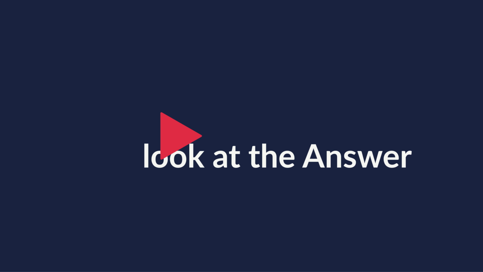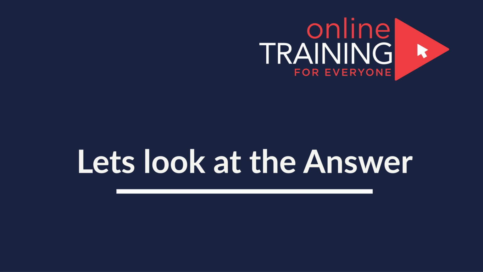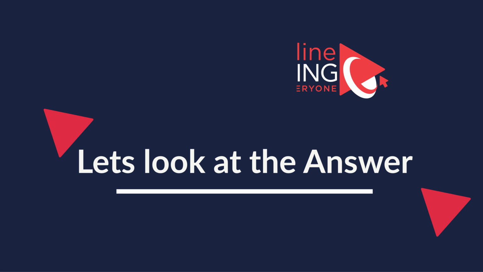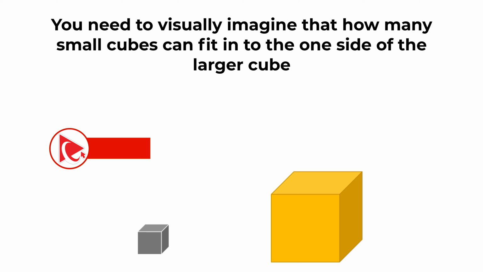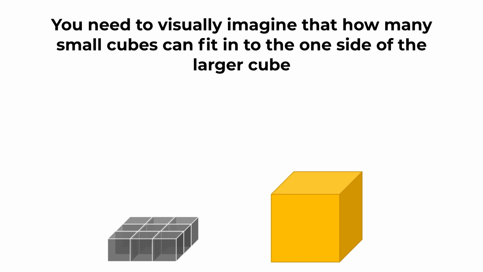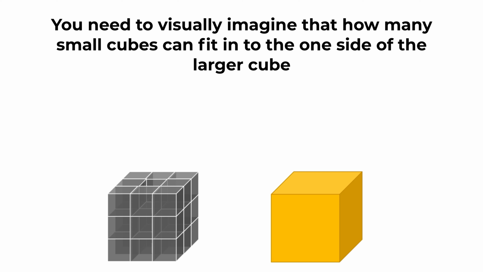To solve this challenge, you need to visually imagine how many small cubes can fit into one side of the larger cube. And the answer is that 3 small cubes can fit on each side of the large cube. And since a cube is 3-dimensional, the number of small cubes that can fit into the large cube can be calculated using the formula 3 multiplied by 3 multiplied by 3, which is equal to 3 cubed, which equals 27.